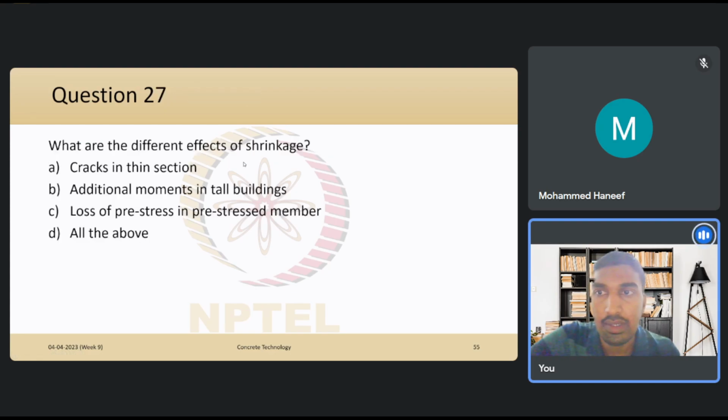Okay, question 27: what are the different effects of shrinkage? The options are cracks in thin section, additional moments in tall buildings, loss of pre-stress in pre-stressed member. Option D is all the above.